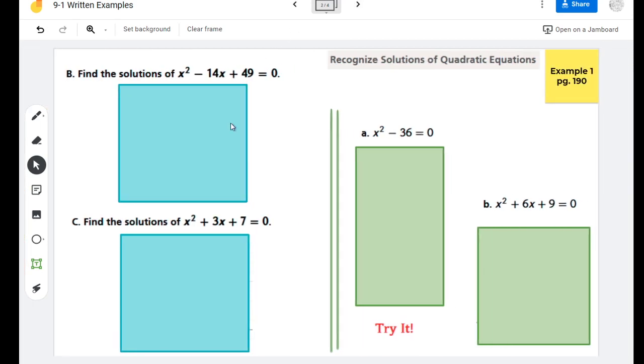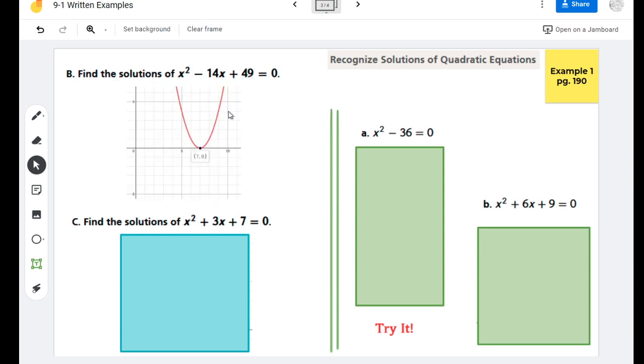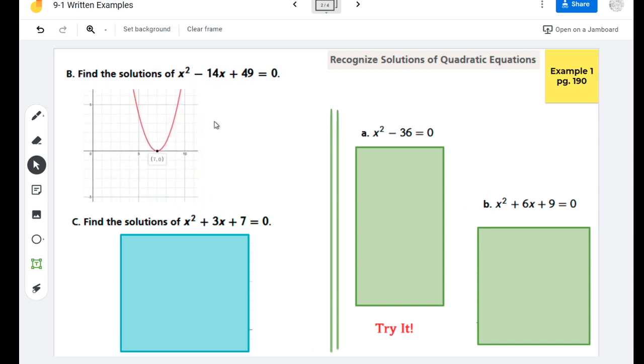So now we're going to do the try it. This one wants us to find the solution, but it wants us to do it based off the graph. So I'm going to pop out the graph. Check this out. We know this expression. If I take 14 and divide it by 2, it's 7. And 7 squared is 49.